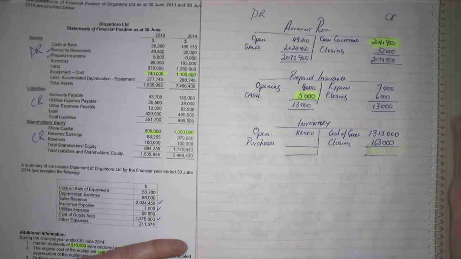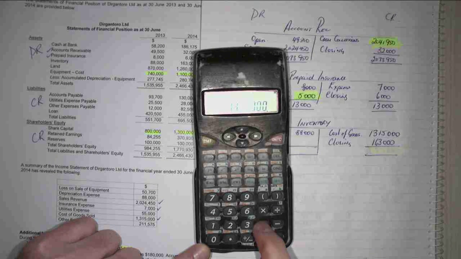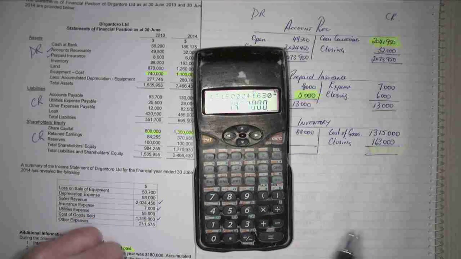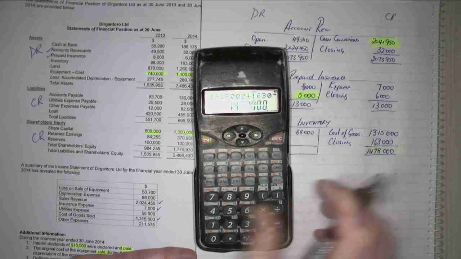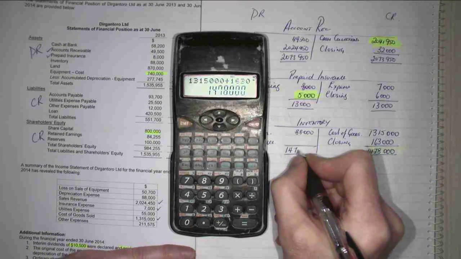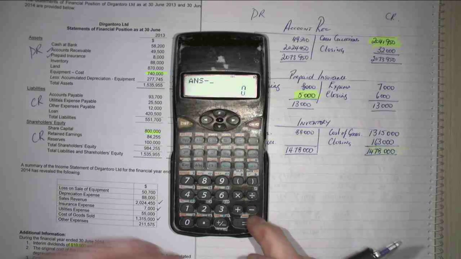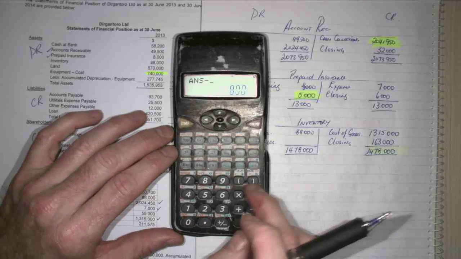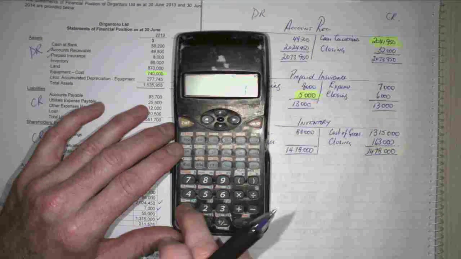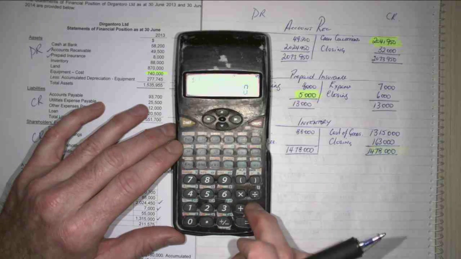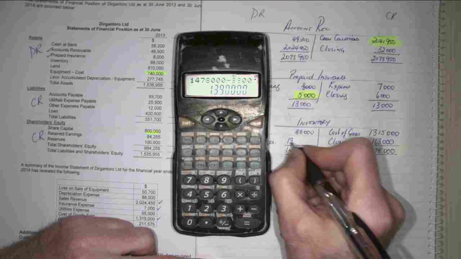So 1315 plus 163. Because my brain's not working too well this morning, I'll do it old school. 1478. So that must mean I have to have 1478 over here. The difference between here and here, if I deduct my 88,000, 1478 minus 88 equals 1390.